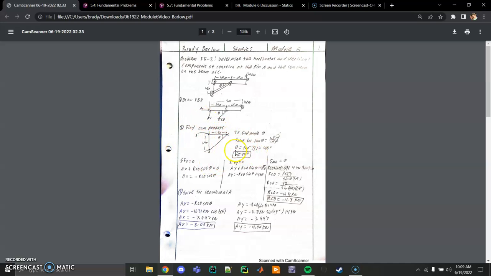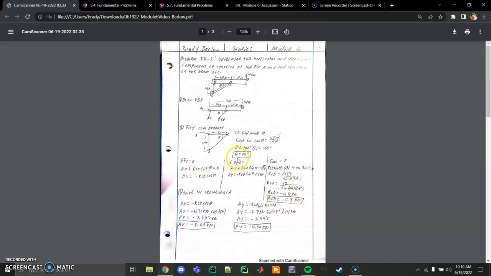After finding that, I went ahead and set up my equilibrium equations. Summation of Fx equals 0, where I notice AX plus RCD cosine theta equals 0. So that's going to be my AX and RCD right here. I solved for that.